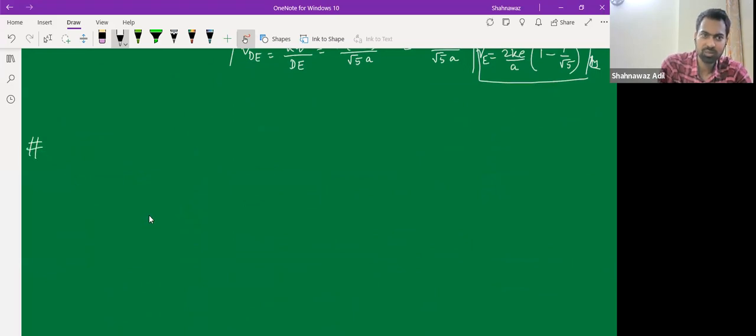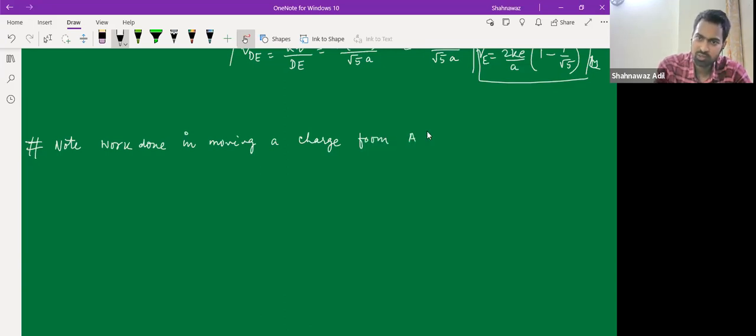So the next topic is electric dipole, but before I do that, let's note this point: work done in bringing or in moving a charge from, let's say, point A, whose potential is VA, to point B, whose potential is VB.